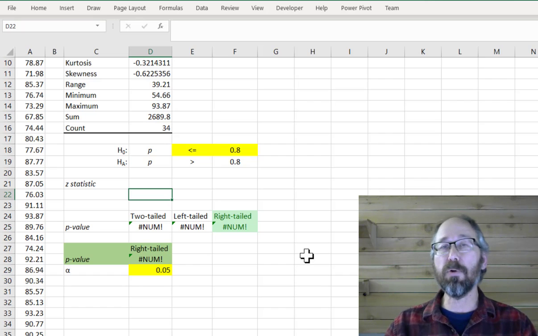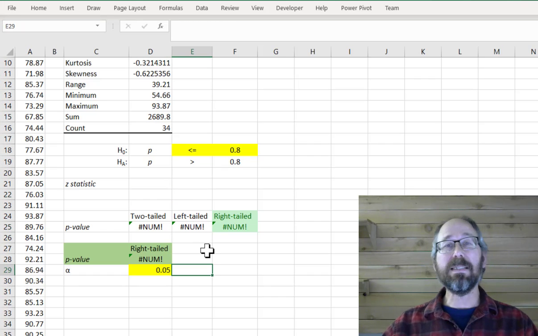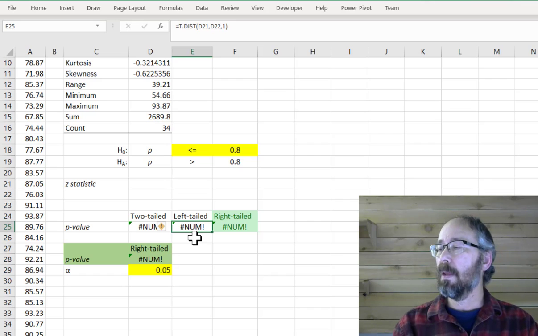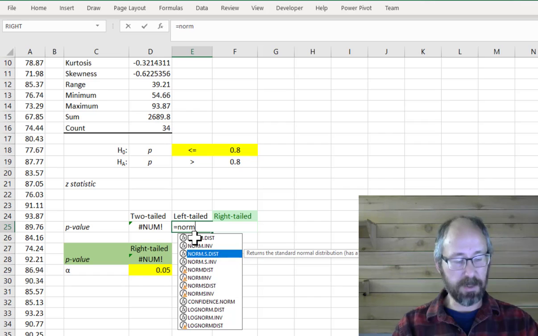We don't need the degrees of freedom to calculate our two-tailed, left tail, and right tail for proportion. And we're also going to use a different function. In fact, we're going to use that NORM.S.DIST function. And it's easiest to start with our left-tailed, and you'll see why in a moment.